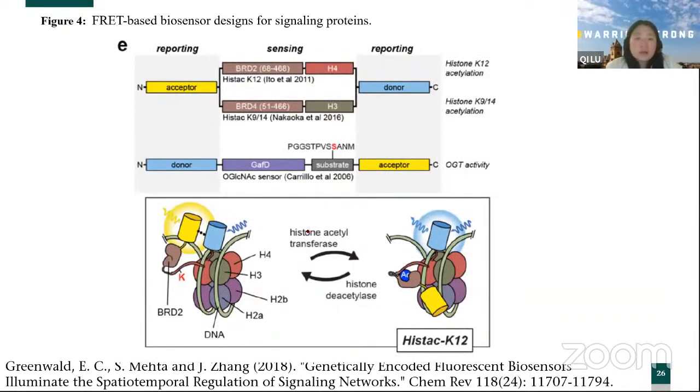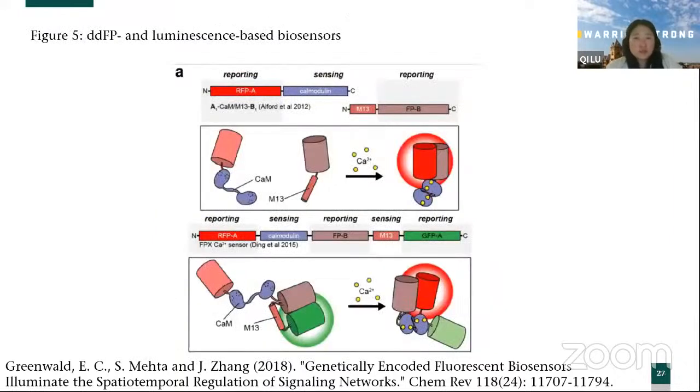So also histone acetyltransferase, after adding an acetyl group, will cause the conformation change, and this can respond to signals like gene expression and transcription. And this is the DDFP. DDFP is response. So this is intermolecular. So that means there are two parts of the component of the FRET.